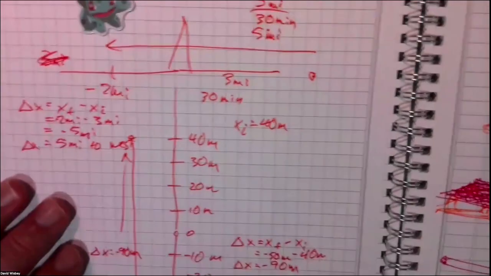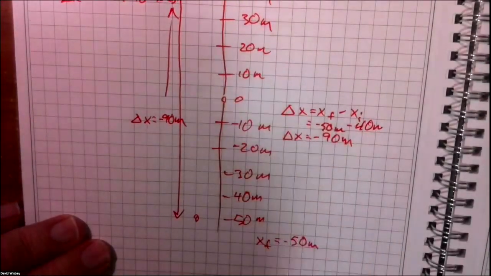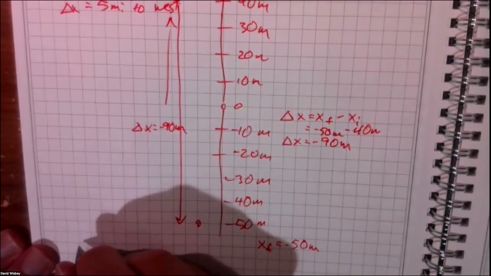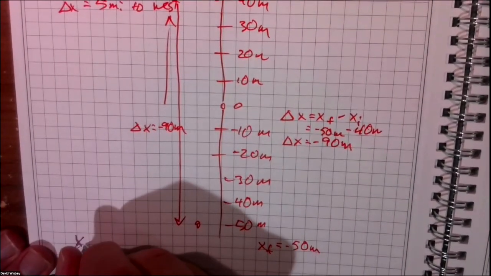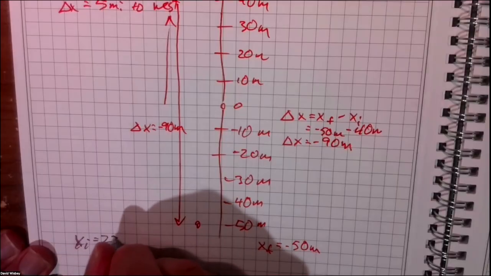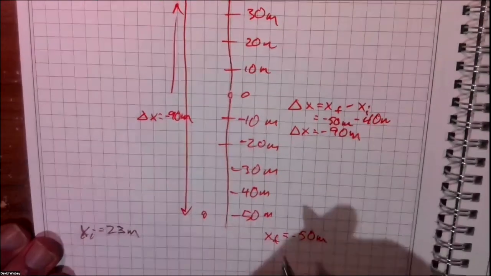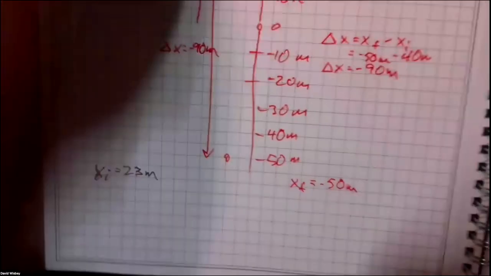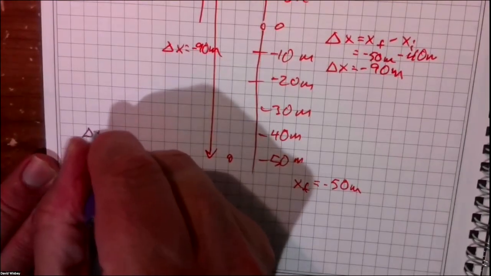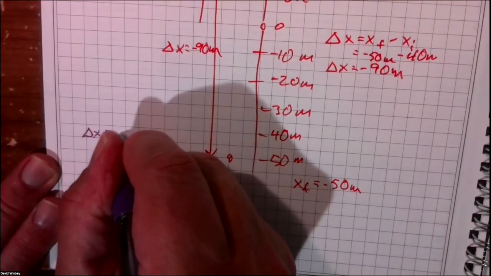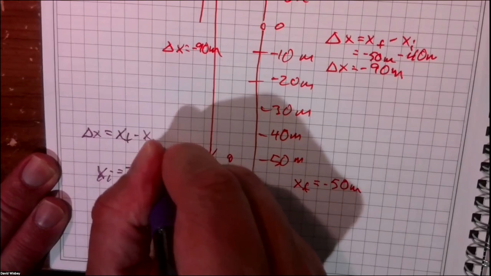Let's do this one. Okay, so her x of i is 23 meters. Okay, we can use our equation to solve this one. And the equation is delta x equals x of f minus x of i.